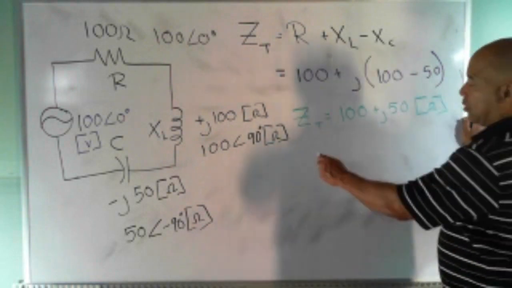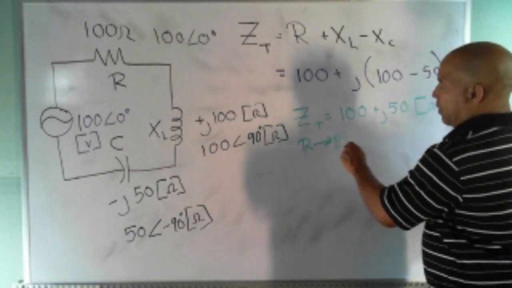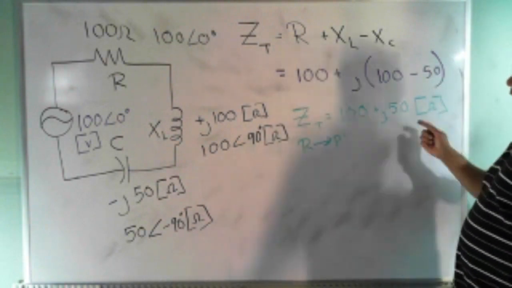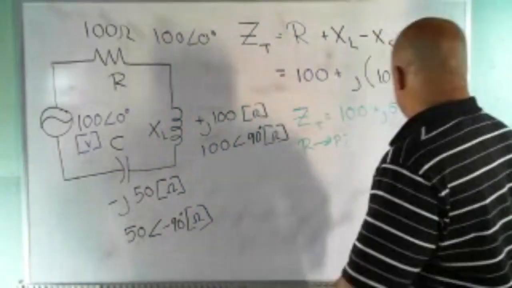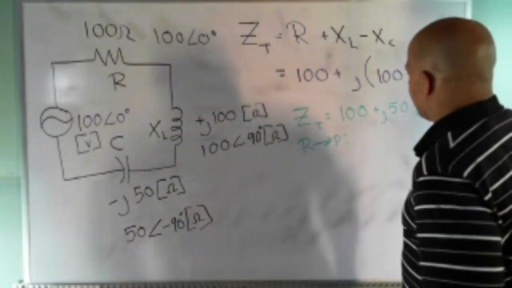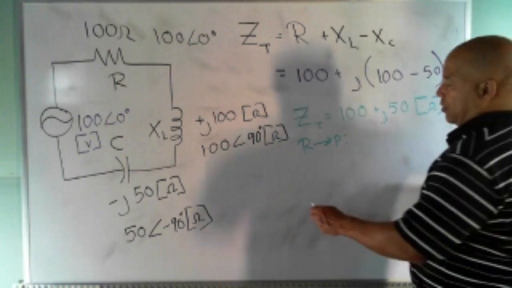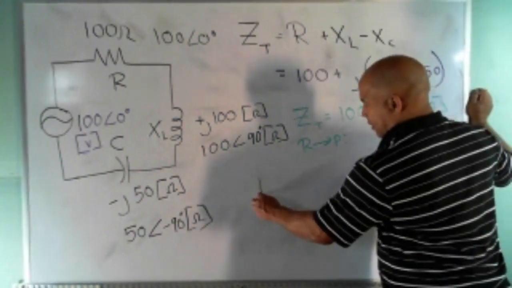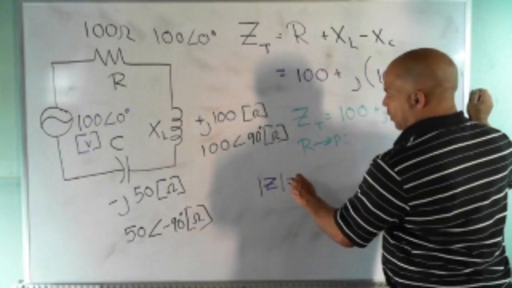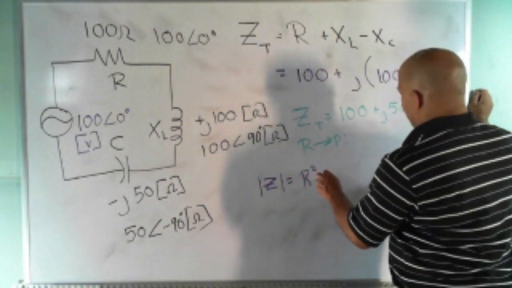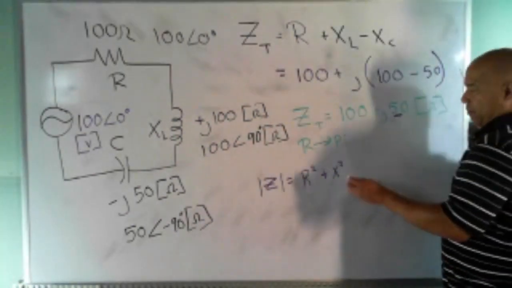And now what you want to do is take it from rectangular and convert it to polar. We always want to work in polar form. So I've got to convert this over to polar, and that's how I express my answer for Z. I've got to find the length of my radius vector. The magnitude of Z is going to be the square root of R squared plus X squared, that's this X net value right here.